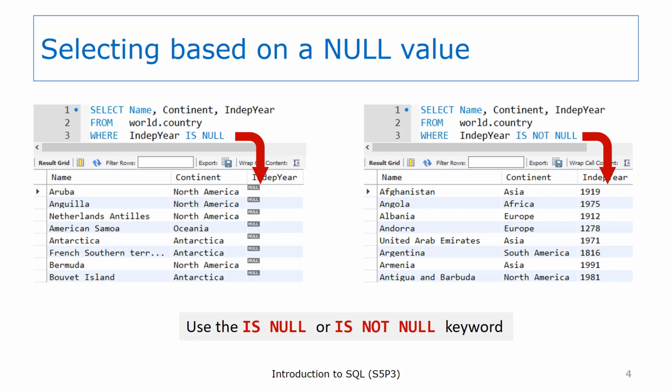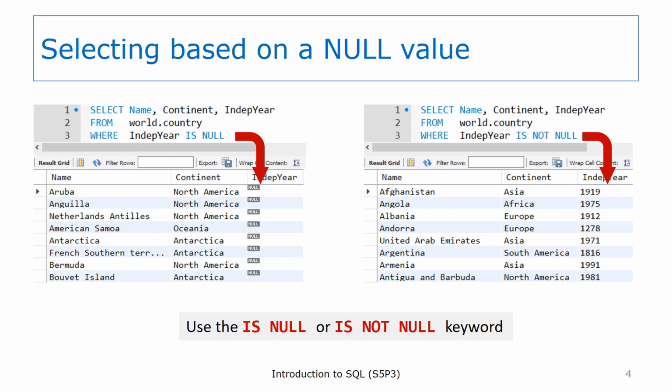Just remember, when you're working with a null-capable column and you need to select based on its value, you need to change your terminology. Rather than say, select a row where independence year equals null, say, select a row where independence year is null. A null-capable column will be in one of two states.